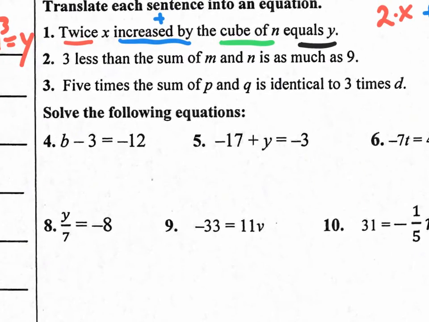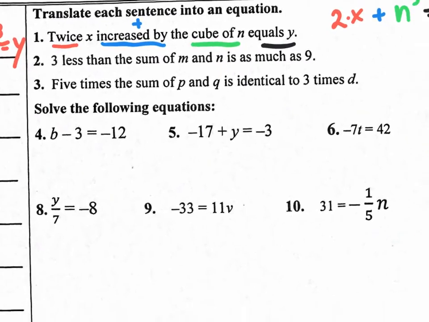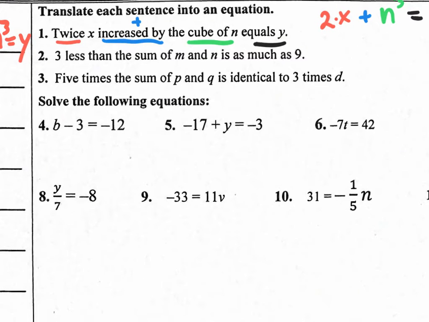5 times the sum of P and Q is identical to 3 times D. Now, this one's a little more interesting because when they say the word sum, what does that mean? Addition, right? Sum means addition. Quotient means division. Difference means subtraction.